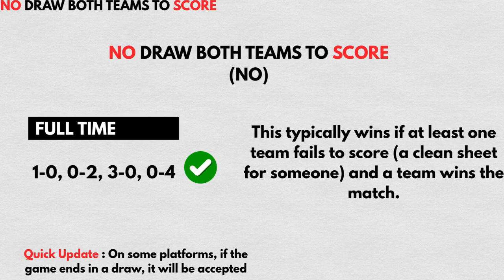Now, if you pick no, that means you still want either team to win, but this time you don't want both teams to score. So you're saying you don't want a draw in the match, either team is going to win, and you also do not want both teams to score. Examples are like 1-0, 2-0, 3-0. If both teams score, then it's going to be counted as a loss.